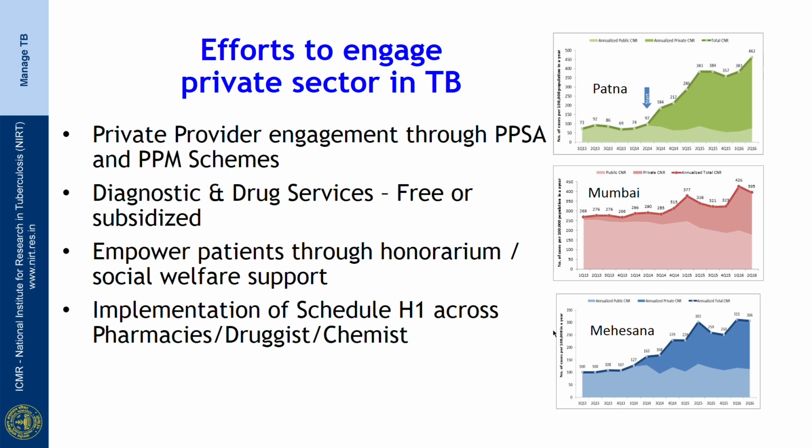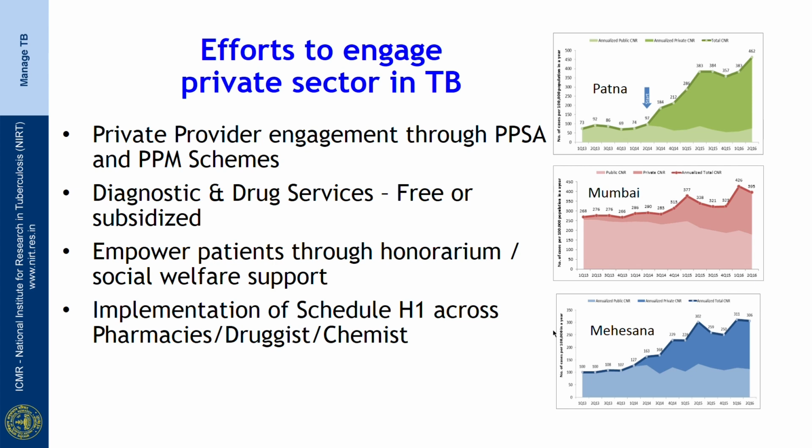I'll just highlight a couple of pilot models on private sector interventions using the public-private support agency, where an NGO was identified to actively reach out to the private sector and provide free or subsidized drugs and diagnostics.